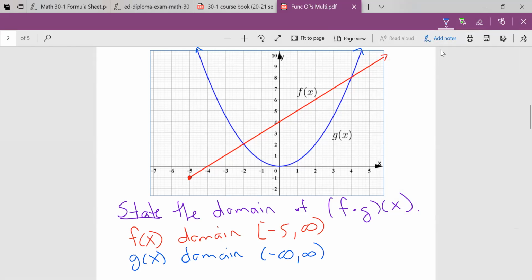So what's our domain when we multiply these things together? Well, all I need to think about is when I'm multiplying functions together, or adding, subtracting, or dividing them, I'm finding when x values are the same and I'm performing the operation on the y value.